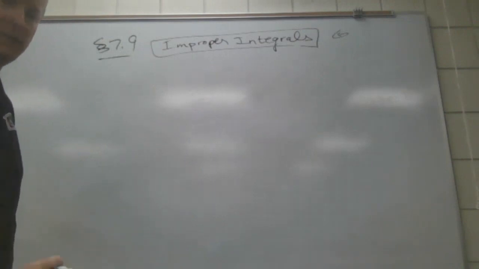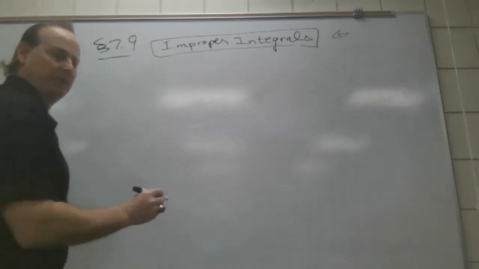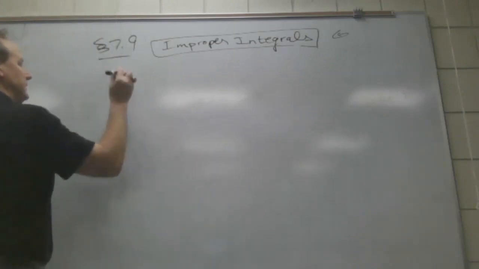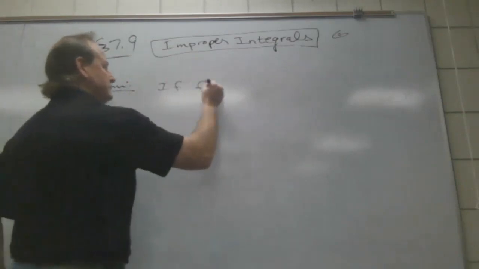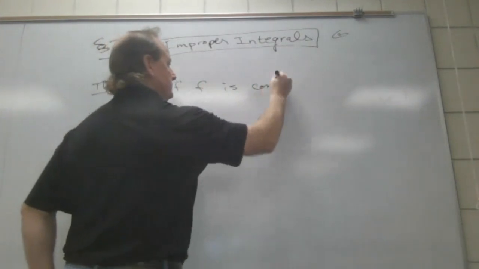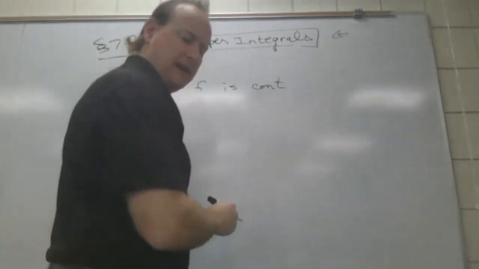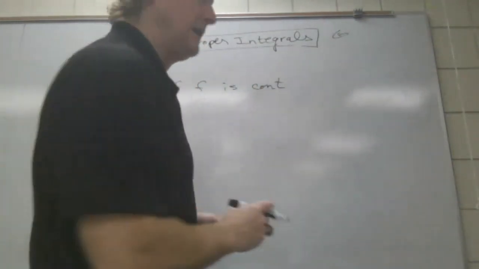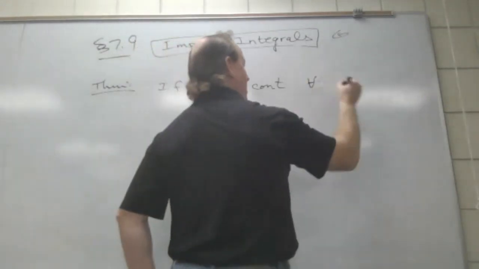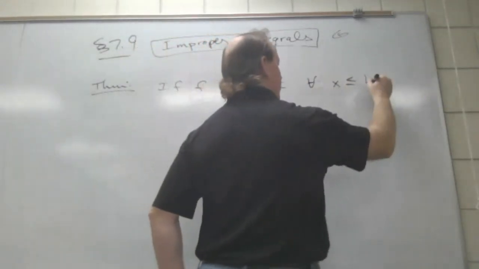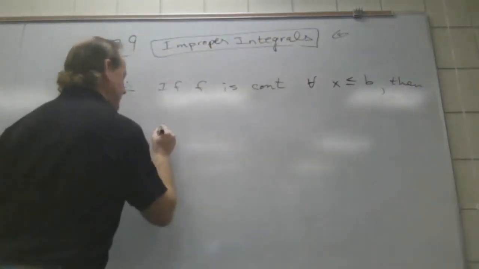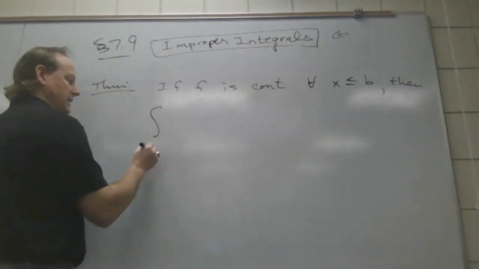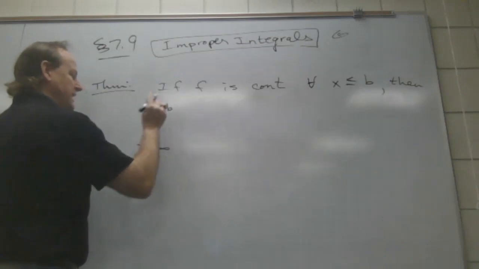Okay, so let's look at another example. But before I do, let's do the other part of the theorem. So theorem: if f is continuous, basically left of b, so for all x's less than or equal to b, which is going to be the upper limit, then the definite integral from minus infinity to b.